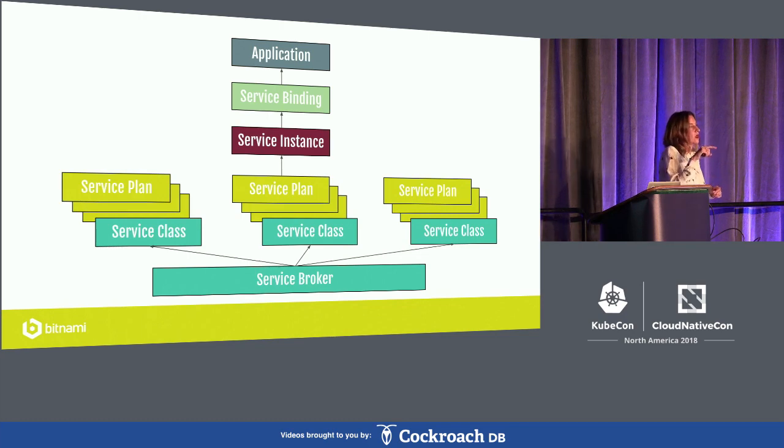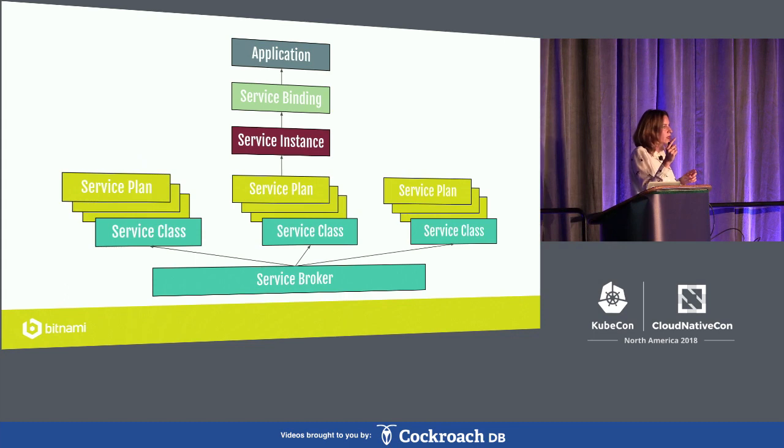On top of that, you have different service classes, which are the representation of these services. For example, a service class could be Azure Postgres, or GCP storage, or AWS RDS. All of those are the classes. And for each of the classes, a broker needs to implement one or many plans.